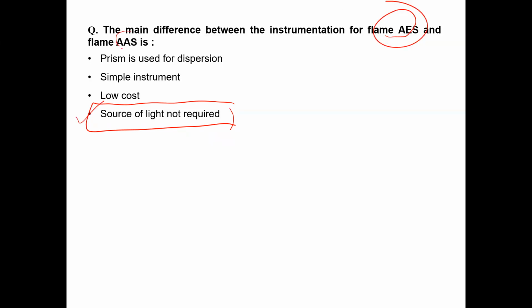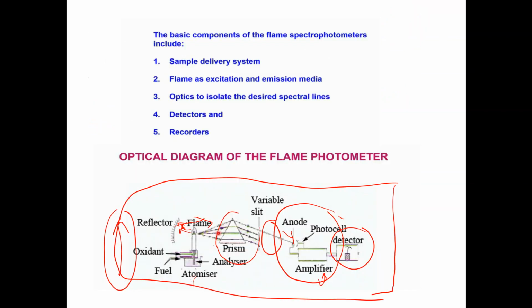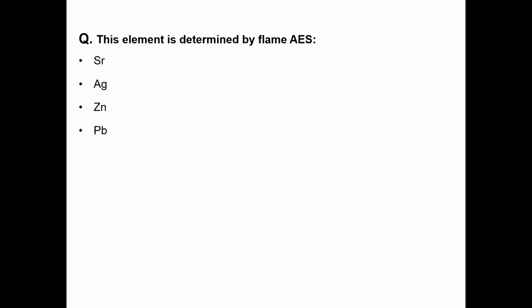But in AAS, there are various types of light sources you require, basically hollow cathode lamp and electrodeless discharge lamp, EDL. You have already read about that. Clear?